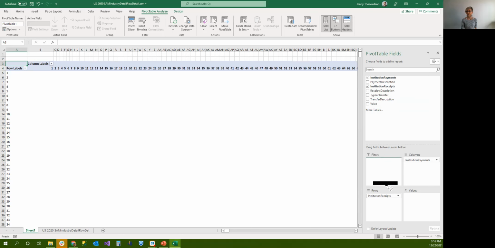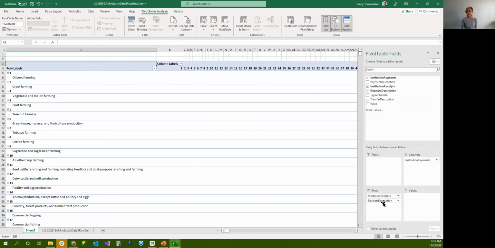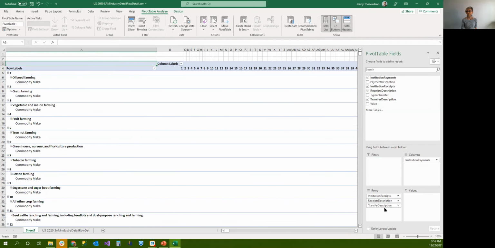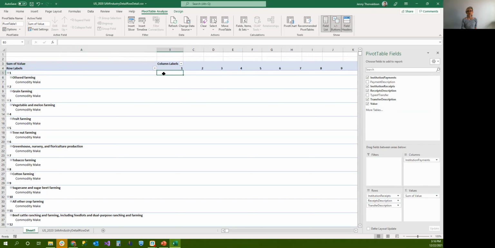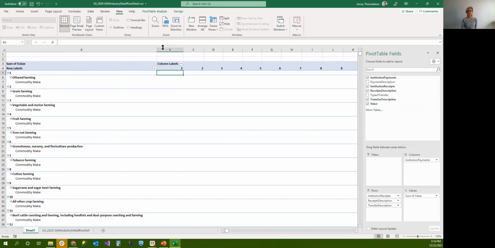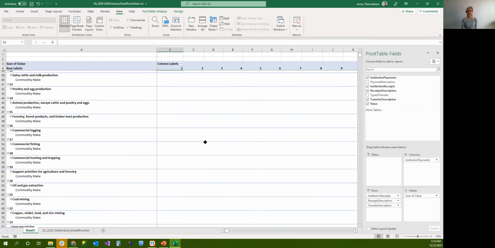We're going to do the receipts description and transfer description. Okay, and then the value over here. Okay, and then give it a minute to do that. And then I usually like to freeze my panes so I can see everything when we scroll around.